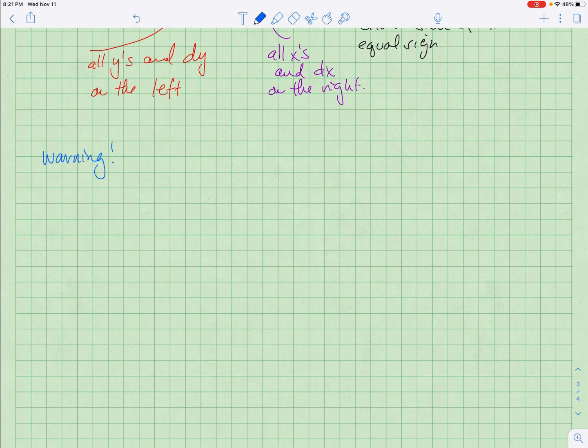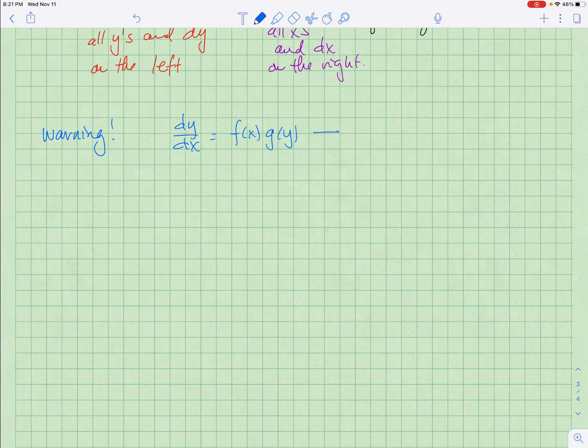warning. If you take dy over dx equal to f of x g of y, and you separate it the other way, this can also become 1 over f of x dx is equal to g of y divided by dy.